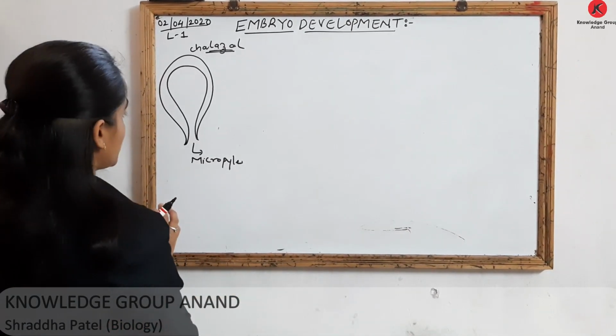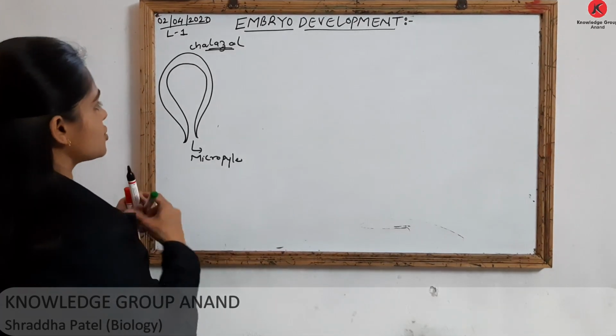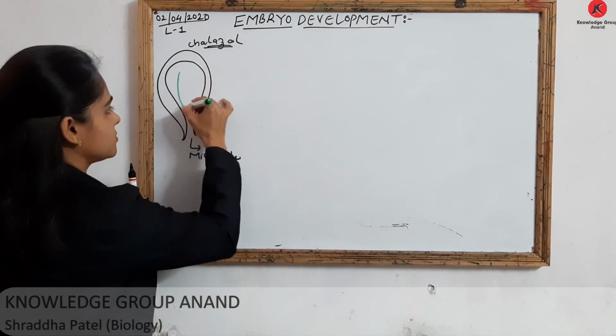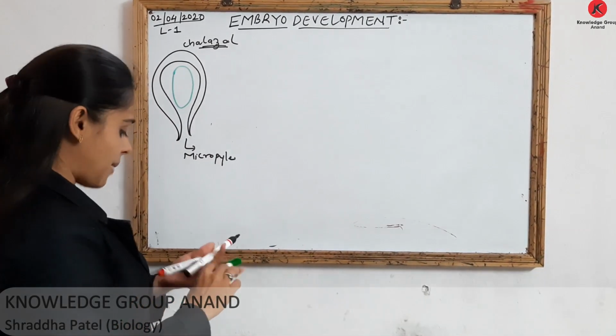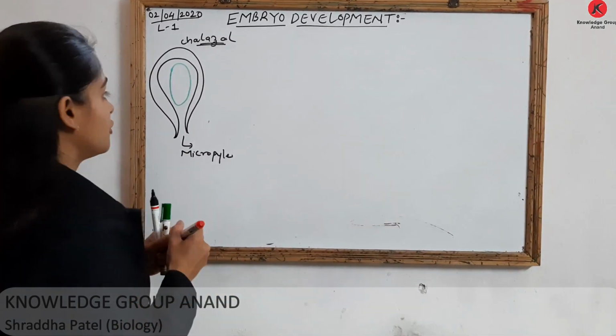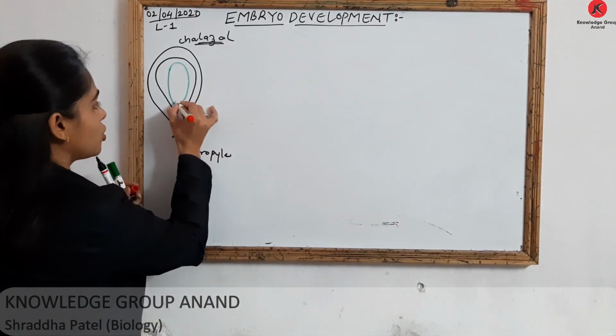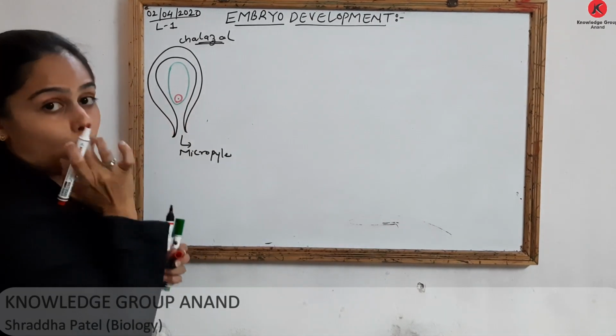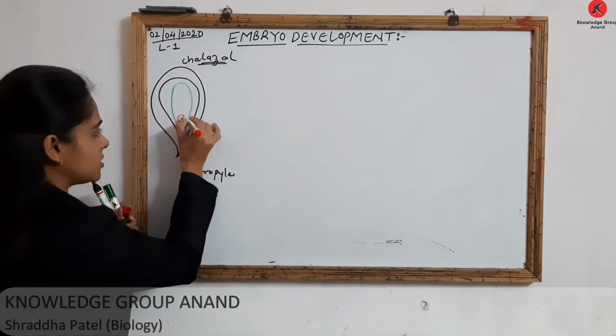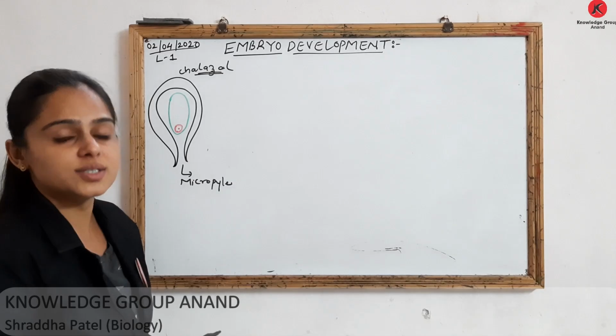We know that here there will be the presence of the embryo sac, right? This is your embryo sac, that is your female gametophyte, and fertilization has happened. So over here this represents your zygote.